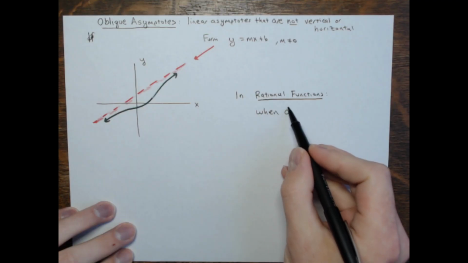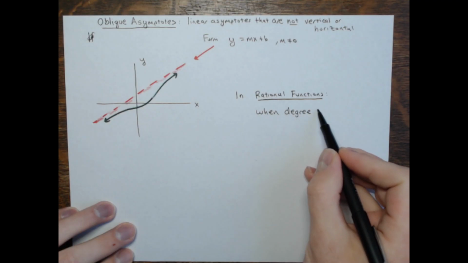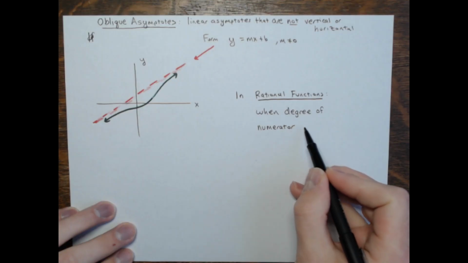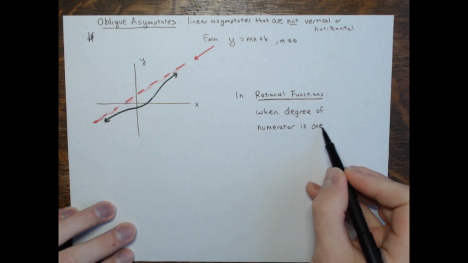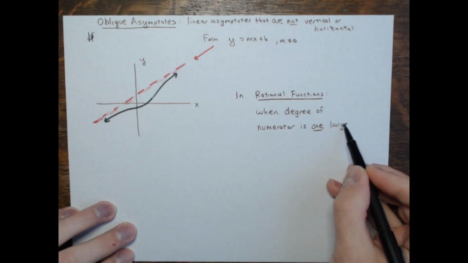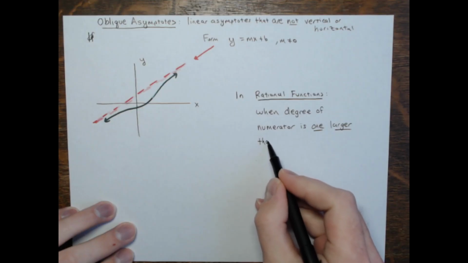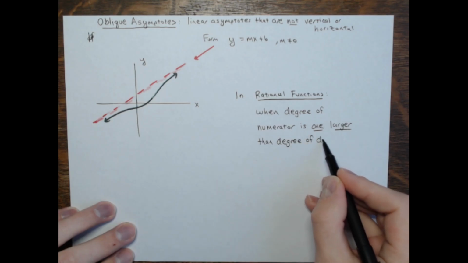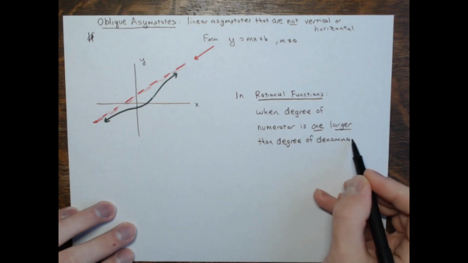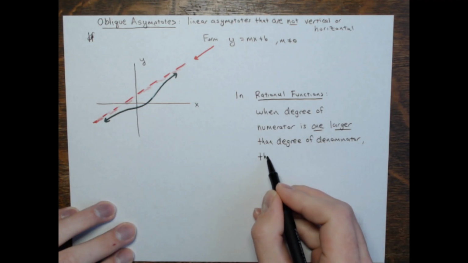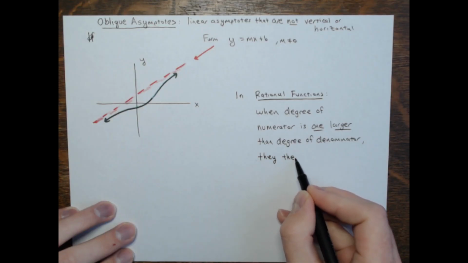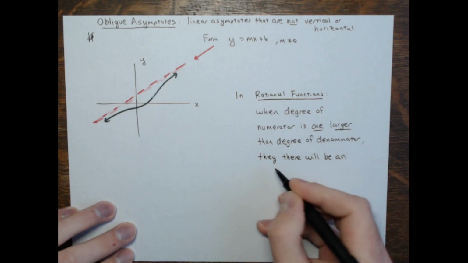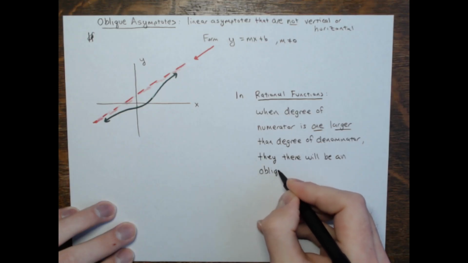When the degree of the numerator is one larger, right, one more than the degree of the denominator, then there will be one of these oblique asymptotes.